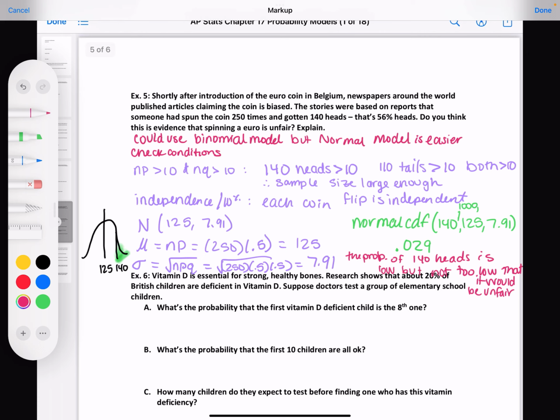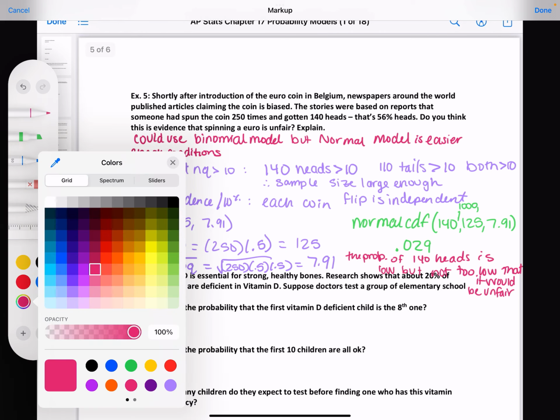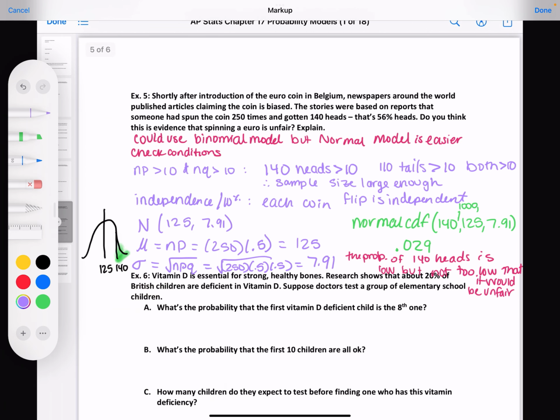Okay, it's specific, so it's gotta be geometric. You can just do this one by hand. The probability that it's not deficient is 0.80 to the 7th times 0.2, because I don't want the deficient child until the 8th one.